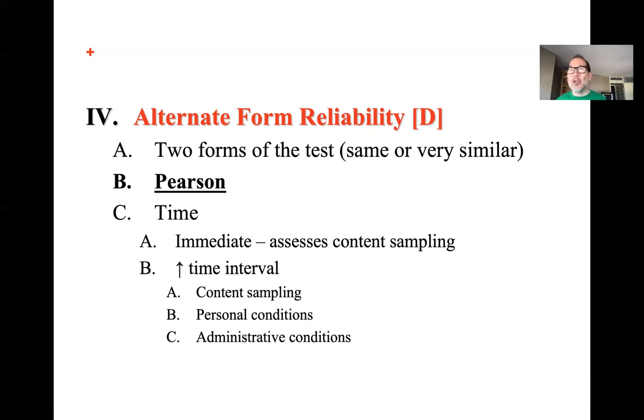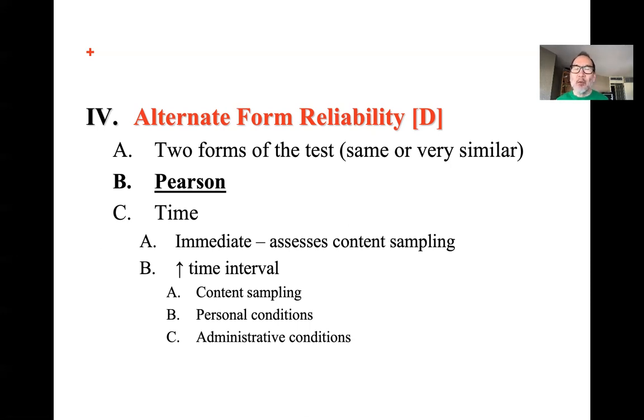And essentially what you do is you give both forms to the same subjects and you see if they score similarly. They should score similarly if they're similar tests, but if there's variation, that might tell you something about the structure of the test or the wording of items and so on.